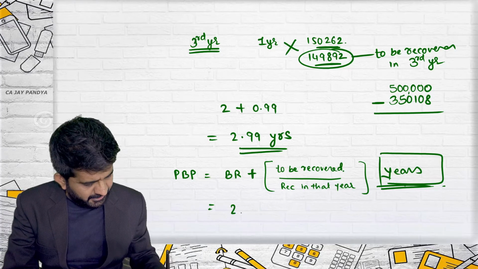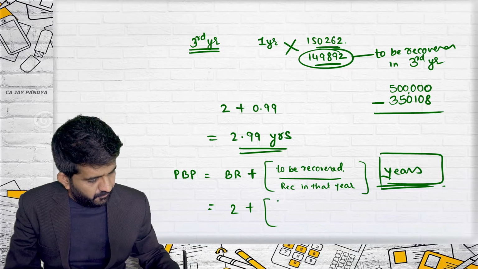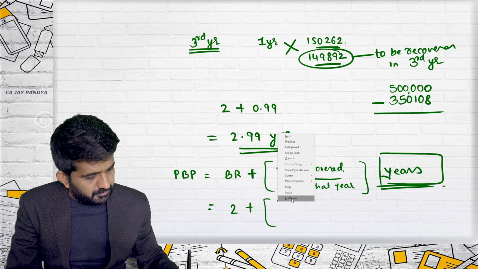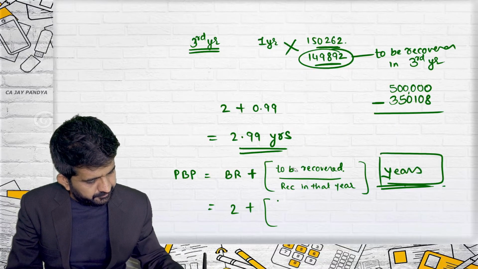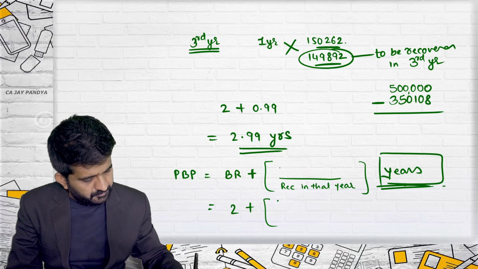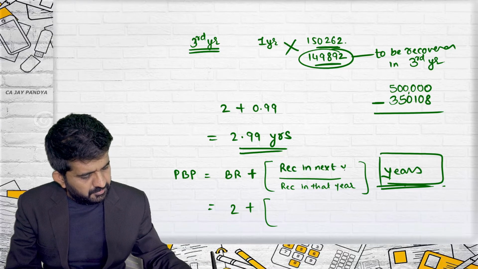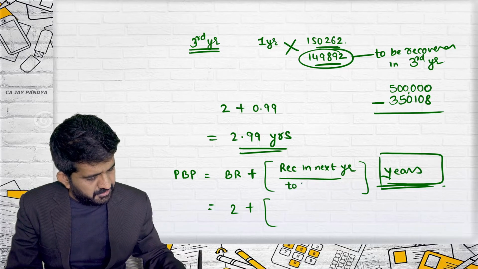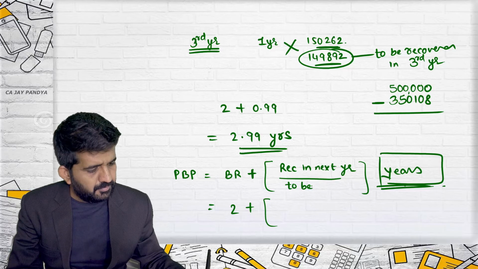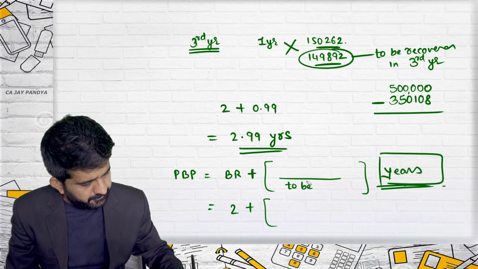Let me do it in this question. What was my base year? 2. Plus, what was to be recovered? Sorry, I have written it incorrectly. What is recovered in the next year? No, it was correct.